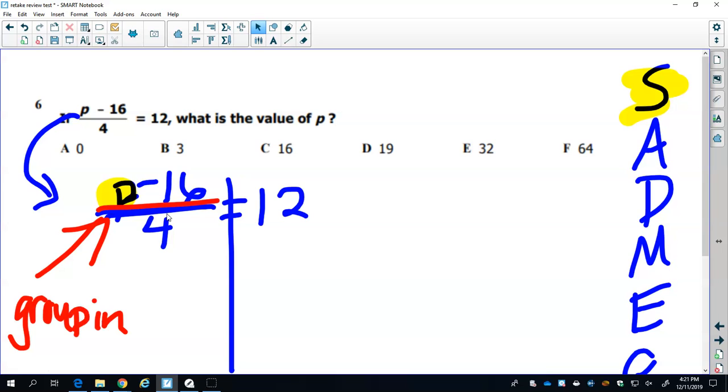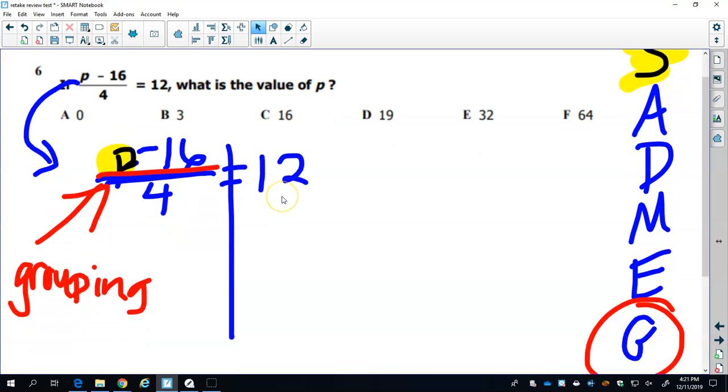So we're not going to undo grouping until the end. Okay? So we're going to wait until the end to undo the grouping. So that means we're going to actually undo the division that we have here first.